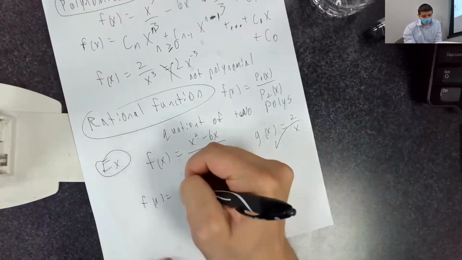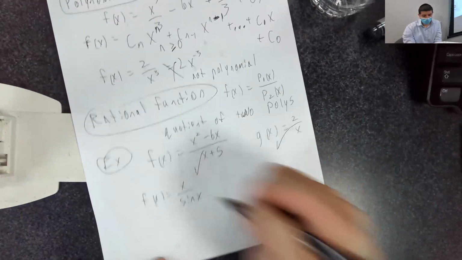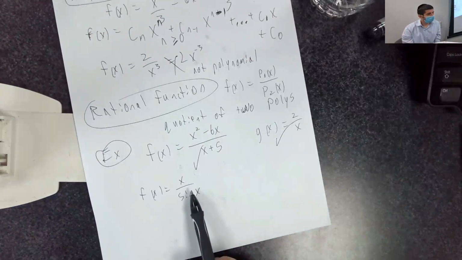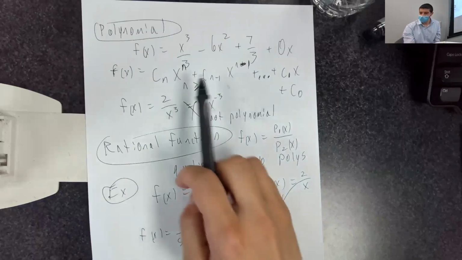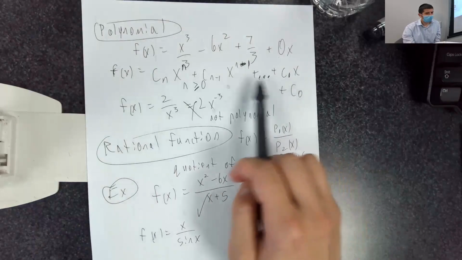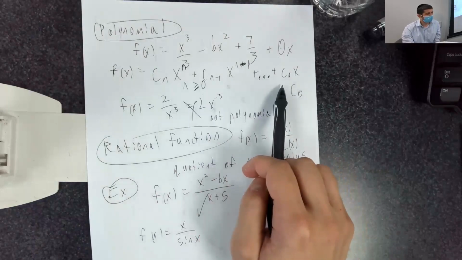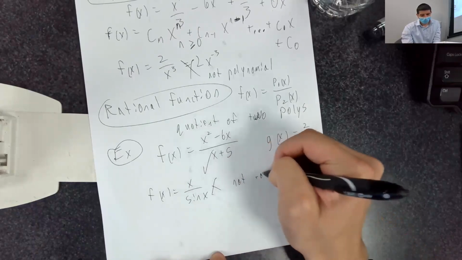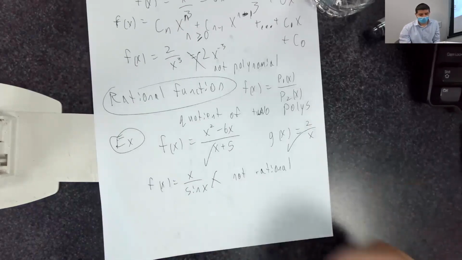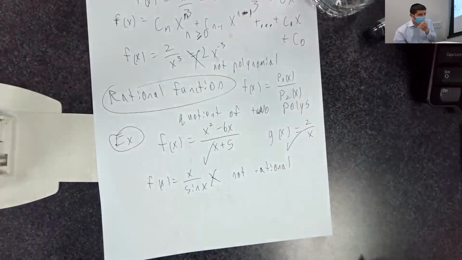f of x equals x over sine of x. Well, is x a polynomial? Yeah. Is sine of x a polynomial? Does it look like this? No, it doesn't look like that, so it's not a polynomial. So it's not rational. Polynomials are the simplest ones.